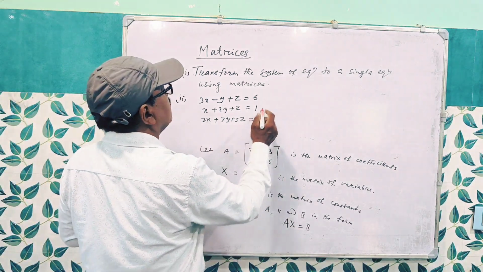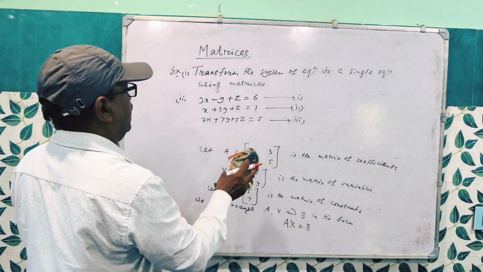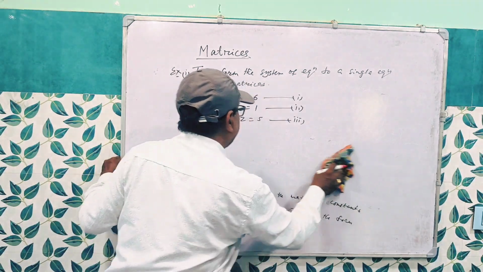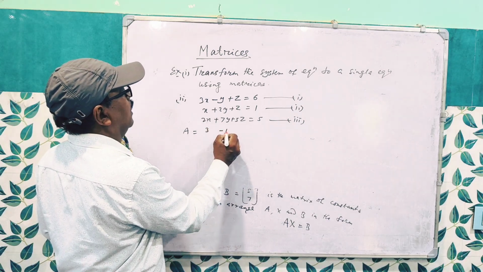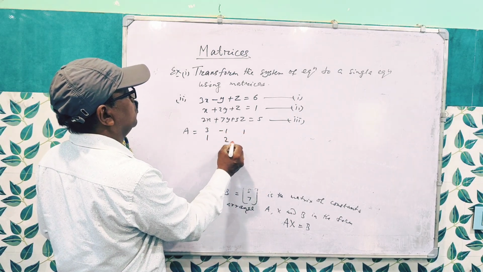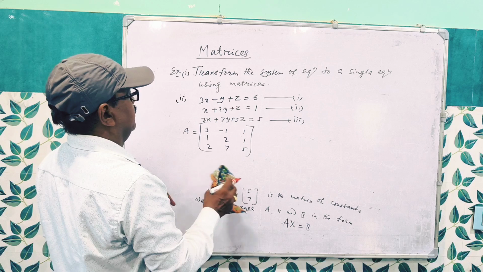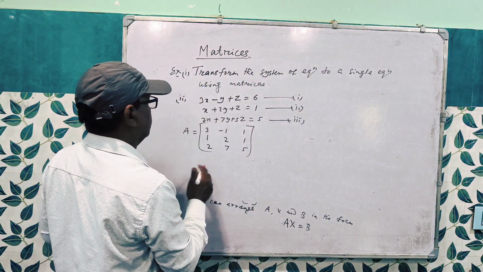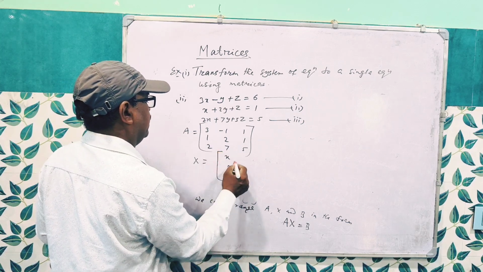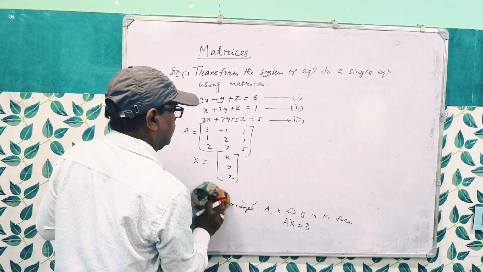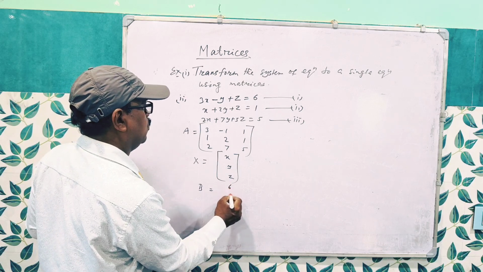So we can write equations number 1, 2 and 3, and here A is equal to the matrix of coefficients: A is equal to 3, minus 1, 1; 1, 2, 1; 2, 7, 5, and the matrix of variables X is equal to x, y, z, and the matrix of constants B is equal to, in the RHS, 6, 1, 5.